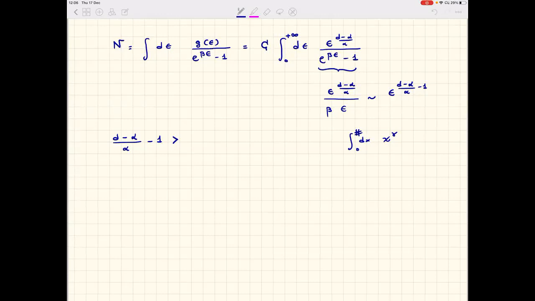This integral here is convergent for which values of gamma?